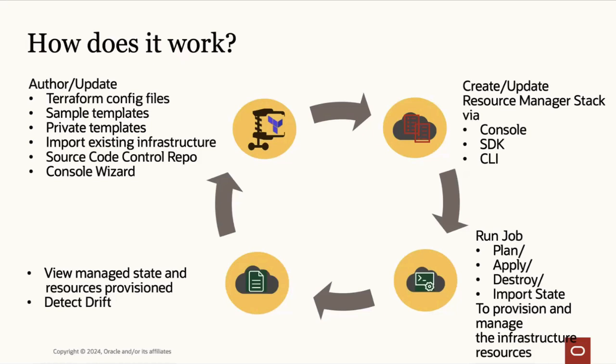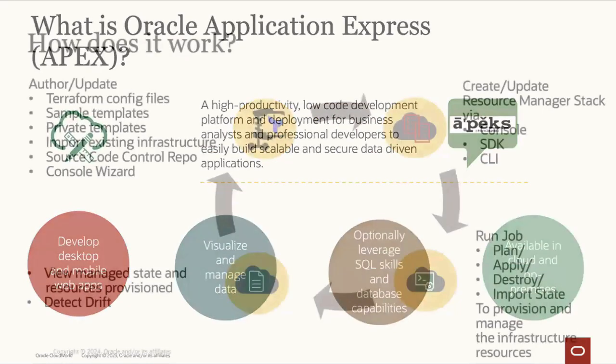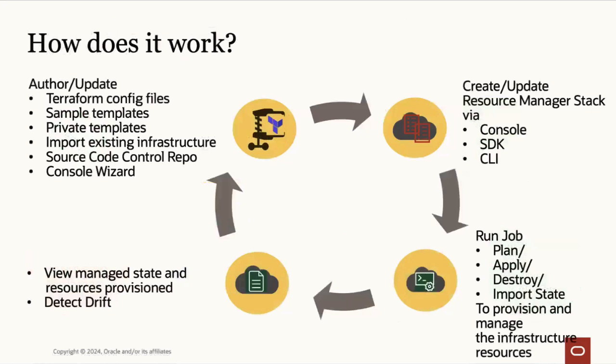I do want to mention that there's a lot of important information about the state of your resources configuration, and it's maintained in a state file, which is a JSON file. So again, if you are just using Terraform as an open source tool or with the OCI provider, you have to keep track of your state file. You want to make sure it doesn't get corrupted or deleted, because it's essentially going to be mapping your stack's resources to your configuration, as well as maintaining essential configuration information like resource dependencies.